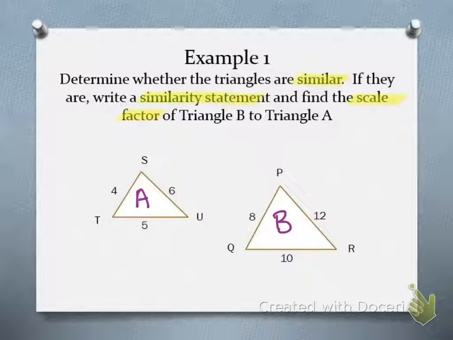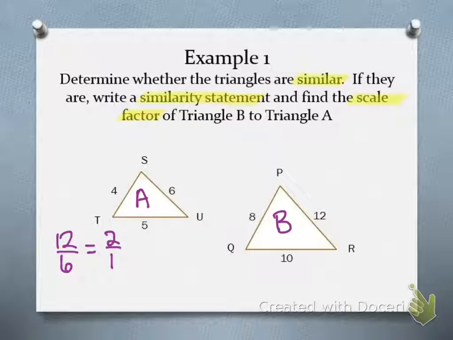What's the longest side of triangle B? 12. And we are going to compare that to the longest side of triangle A. 6. Can we reduce that? What does it become? 2/1. All right, then we have to move on.